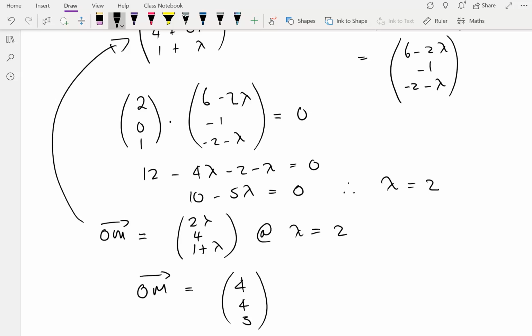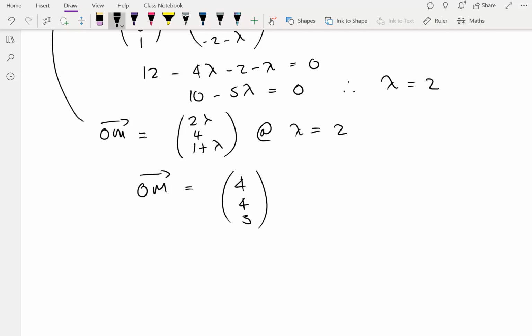So how does this help me? Well, that means I've got my line over here. This is the point that I called M to start with, and this has the coordinates (4, 4, 3). And then we had P, which is a point over here that had the coordinates (6, 3, -1).